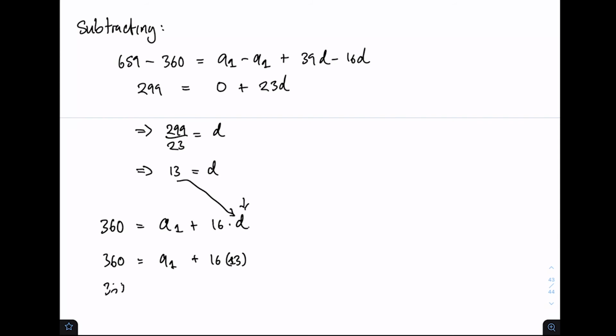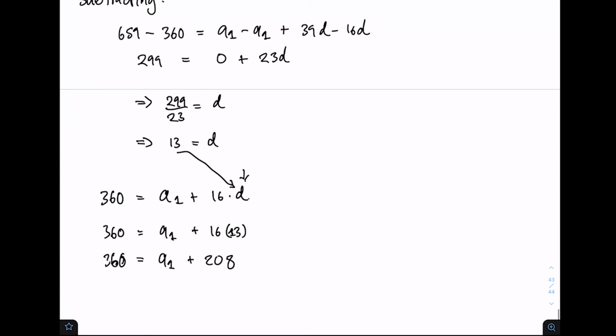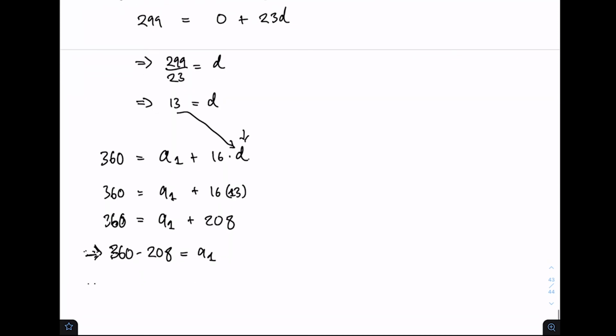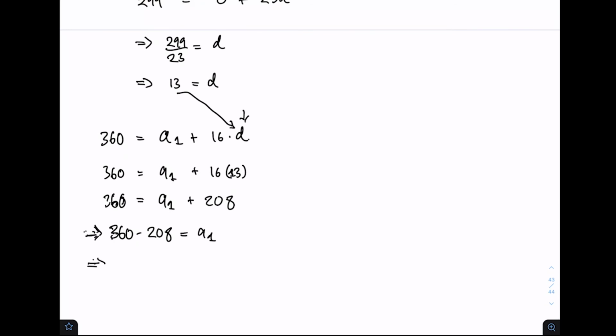So 360 is equal to a sub 1 plus 208, which means 360 minus 208 is equal to a sub 1. On the calculator, 360 minus 208 is equal to 152. So 152 is equal to a sub 1.